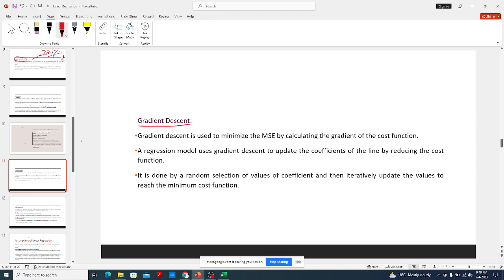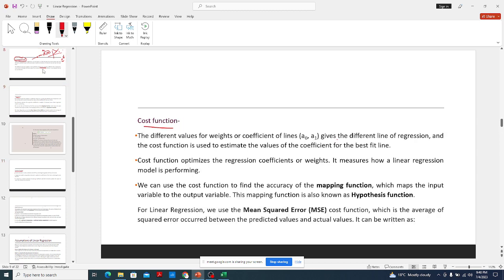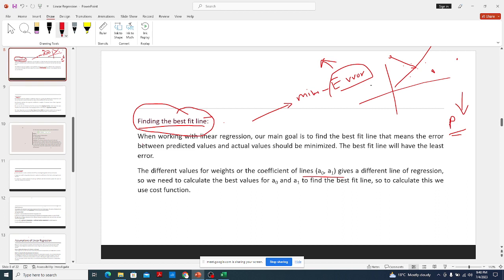Right, let's check. When working with linear regression, what is our main goal? Our main goal is to find the best line. That means the error between predicted values and actual values should be what?